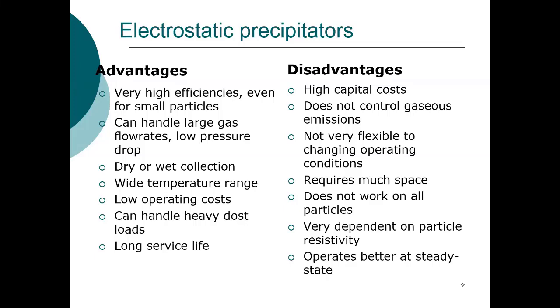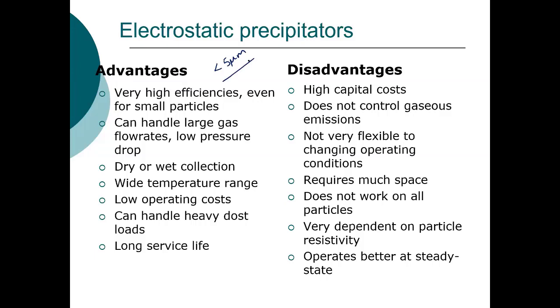Very high efficiencies. You can get 99.9% removal of particulate matter, and that includes very small particulates. Compared to gravity settlers or centrifugal separators, you can remove particles that are less than 5 microns in size.